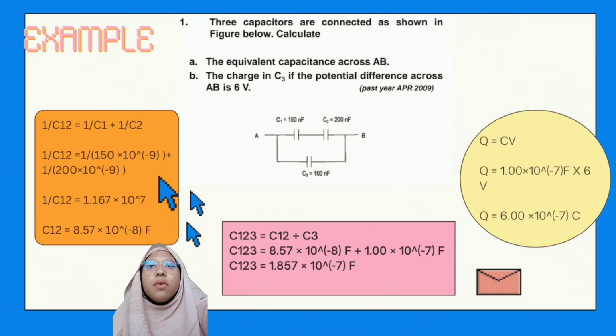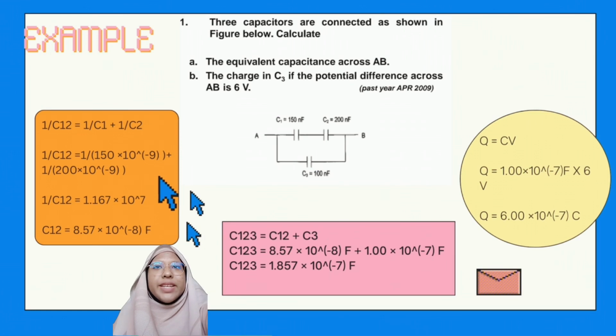So 1 over C12 is equal to 1.167 times 10 to the power of 7. So C12 is equal to 8.57 times 10 to the power of negative 8 farad.